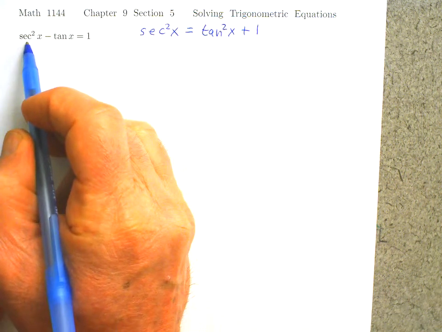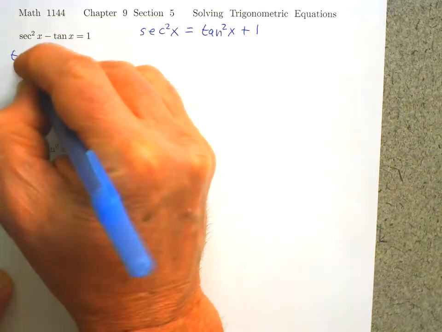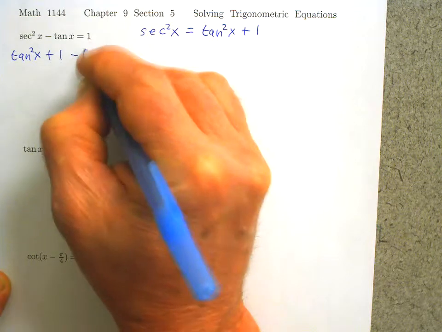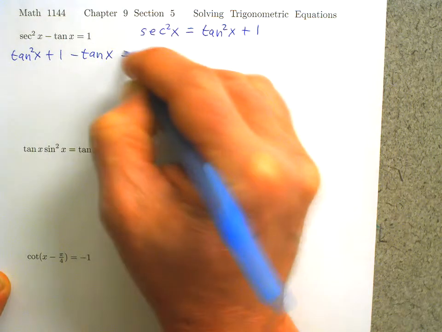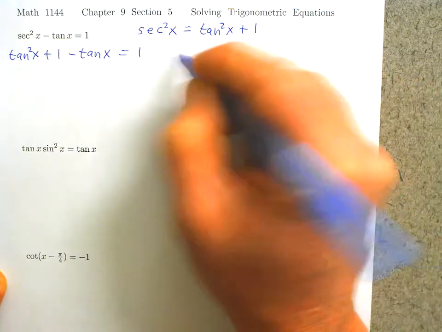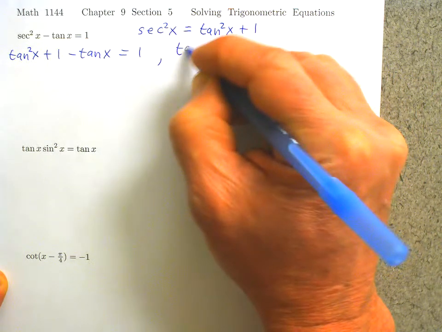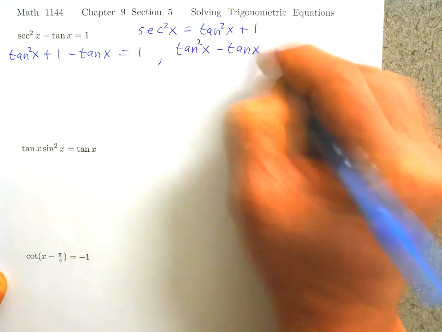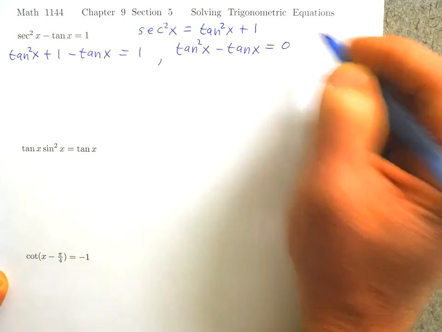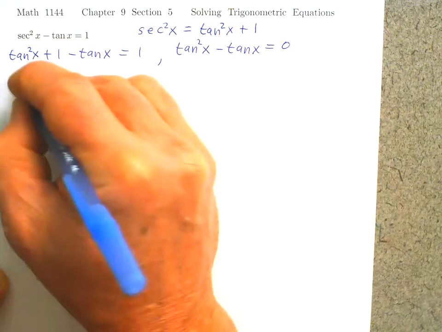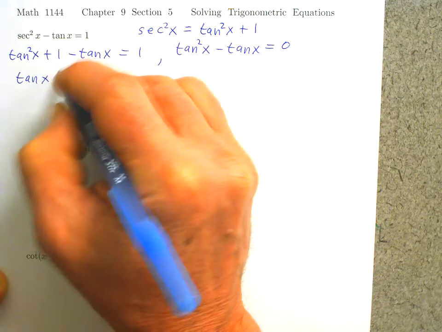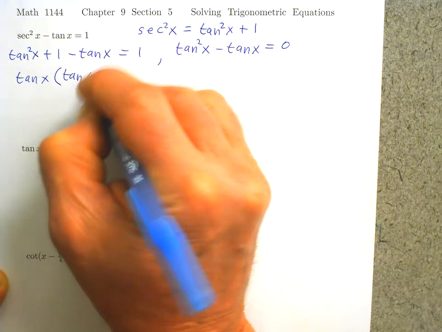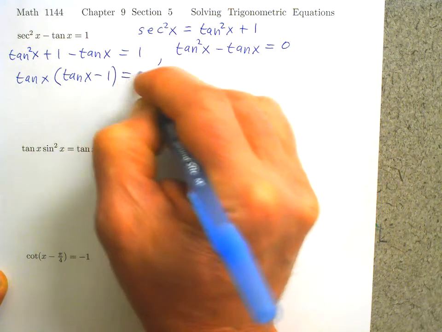Replace secant of x squared with tangent of x squared plus 1. And if we subtract 1 from both sides, we get tangent of x squared minus tangent of x equals 0. Factor out tangent of x. So we get tangent of x times the quantity tangent of x minus 1 equals 0.